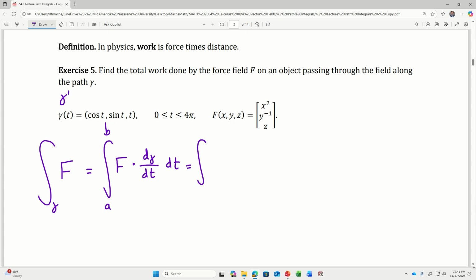So I need the derivative. We already found the derivative earlier. It was negative sine, cosine, 1.